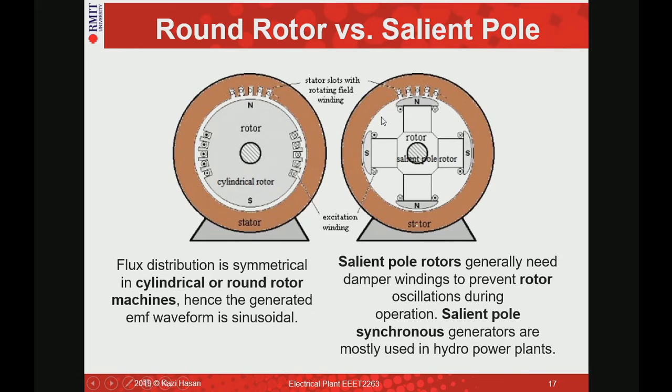So when it rotates, it sees the magnetic field slow, so there is damping or oscillation. For that, some extra windings are used. That is another piece of information, but understanding the two types, their construction and a little bit of operation should be fine.